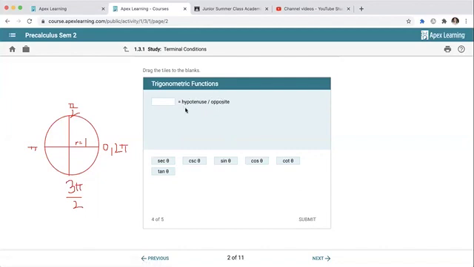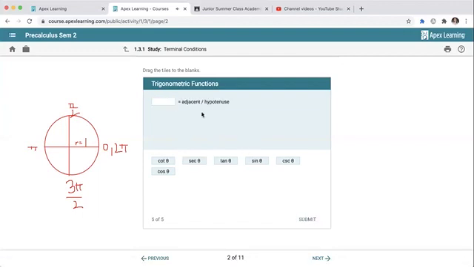If it starts with hypotenuse, that means we are dealing with one of the inverses of our original three functions. If I had opposite over hypotenuse, that would be sine. So if we take 1 over sine, we're dealing with cosecant.